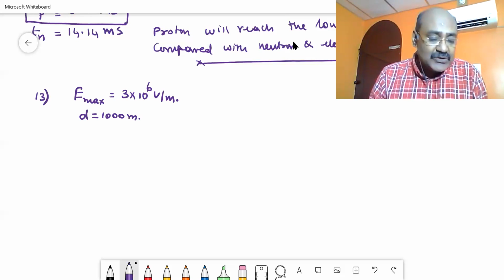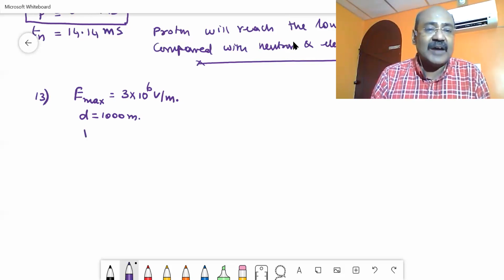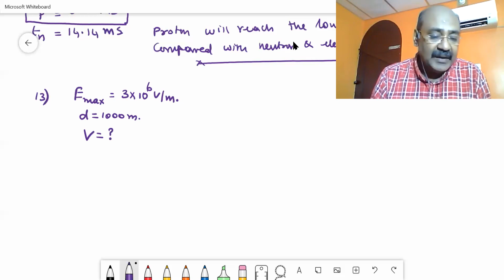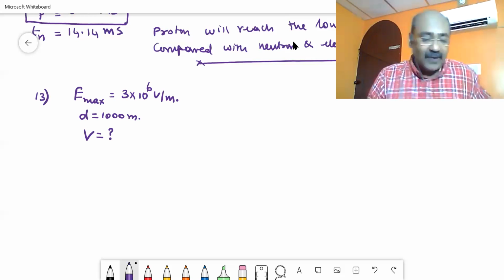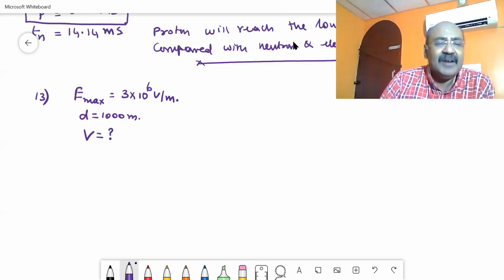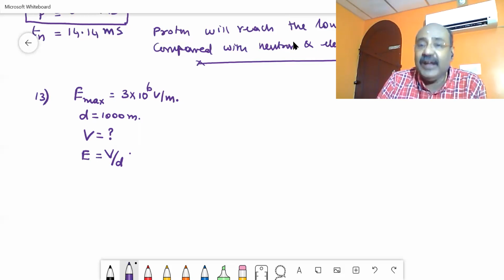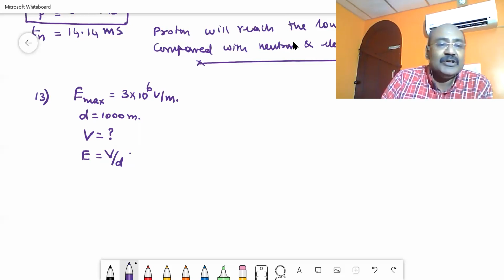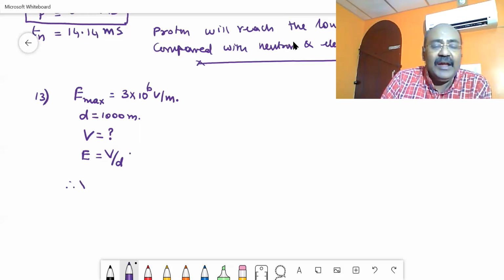Determine the electrostatic potential difference. You are asked to calculate V that exists between the cloud and the ground. Simple concept. We know the relationship between the electric field and the potential difference, which can be written as E is equal to V divided by d. So therefore, the value of V is equal to E into d. What is E?